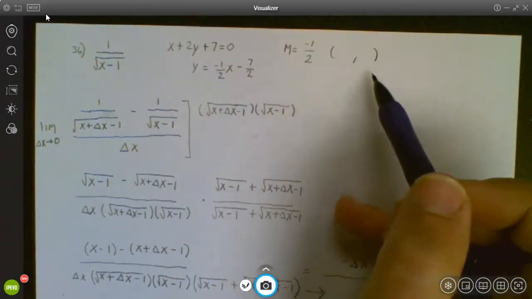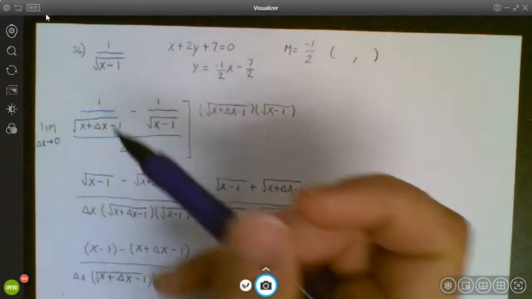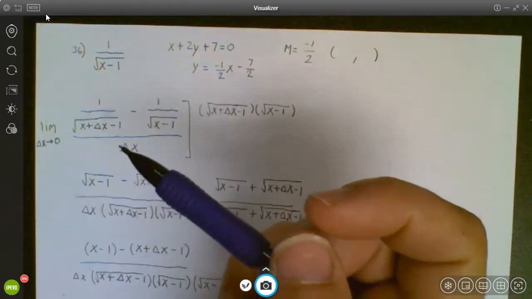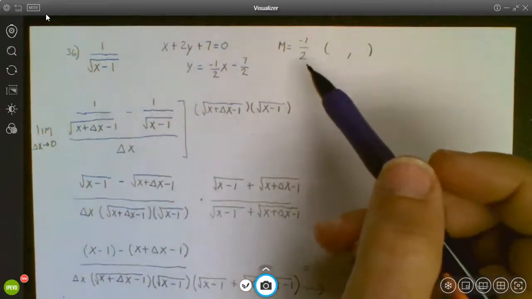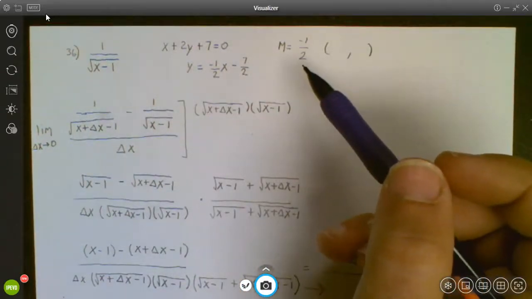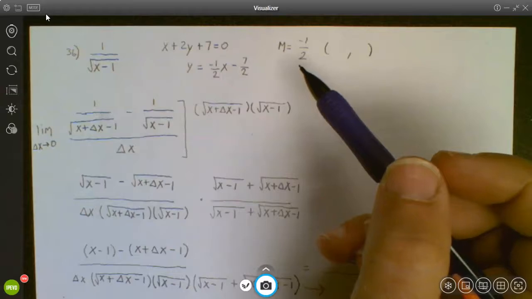If I don't know either one of those points, I can't work with the original function, at least not right off the bat. Right? I have to do some further work with the derivative because all I know is the slope. And remember that slope represents derivative. Whenever you're finding the derivative of a function, you're finding the slope of a function. Right? Derivative is slope.